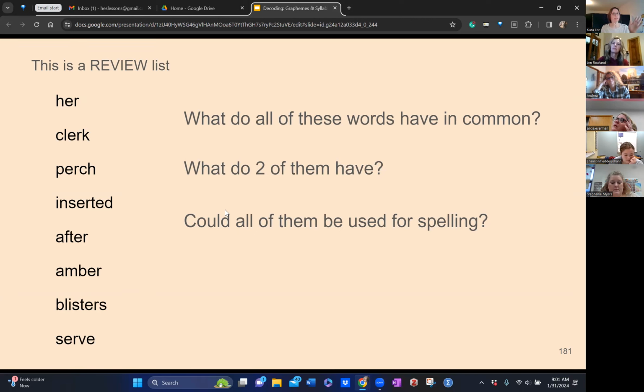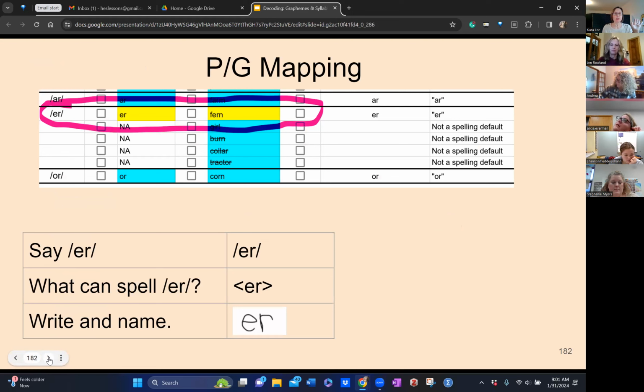So you're right, all of these can be used for spelling. All of them can be used for spelling, okay? Here is your PG mapping, right? So the good thing to note here, everybody, ER is the default spelling for the sound.